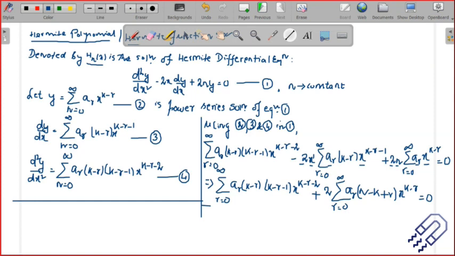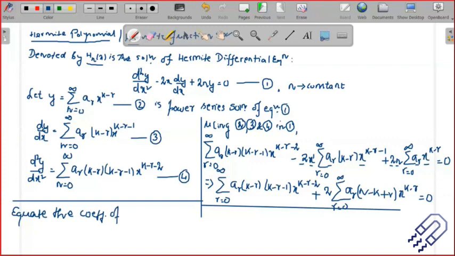Let's just write it like this. So now what we are going to do is equate the coefficient of highest power of x. Let's have a look.